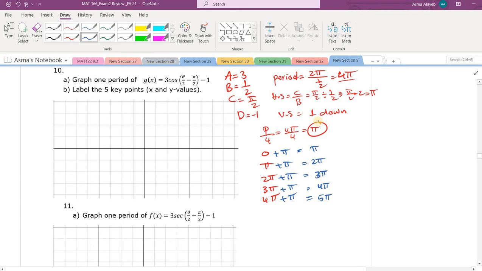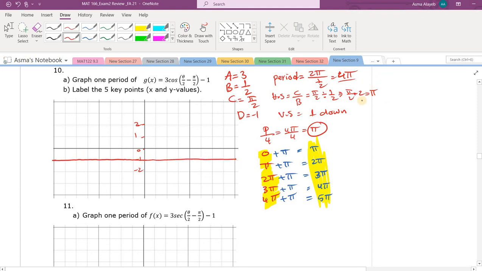Now, most of the time I will not graph these points. I will just make a new x-axis and a new y-axis, and then use the original important points to plot on the new axes. So let me graph the new x-axis and new y-axis. The new x-axis is going to go down 1 unit. So if this is 0, this is -1, -2, this is 1, and this is 2, then this is my new x-axis.